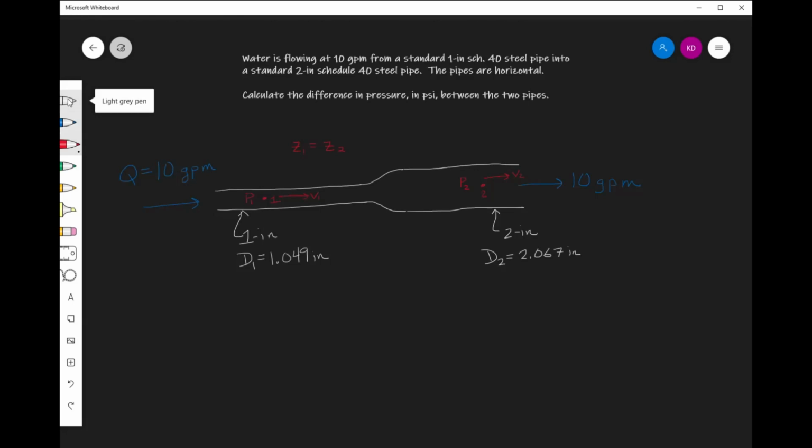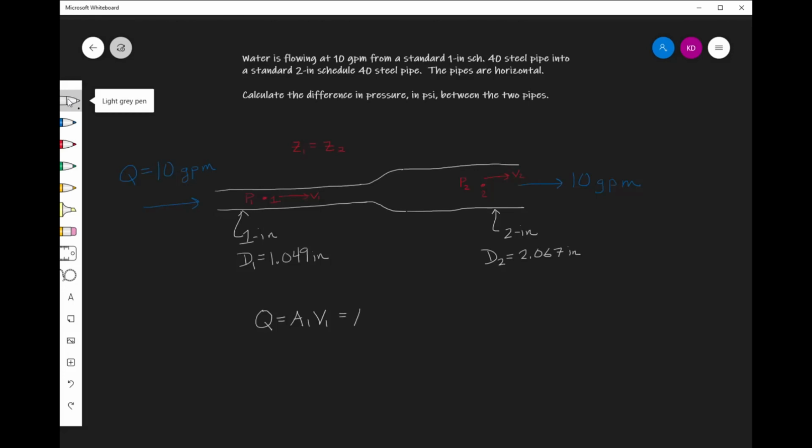Now, we know that the volume flow rate Q is 10 gallons per minute. Q in the first pipe has to be the cross-sectional area of the first pipe, A1, times the velocity of the flow in the first pipe, V1.